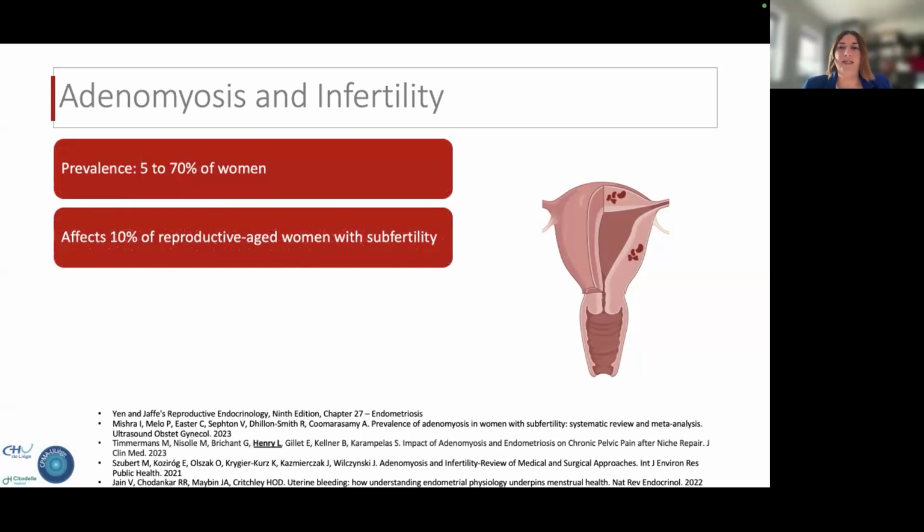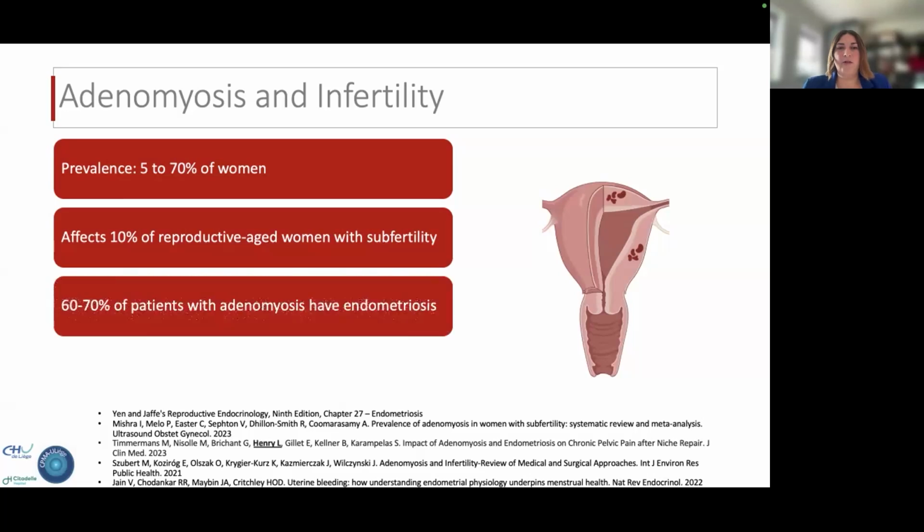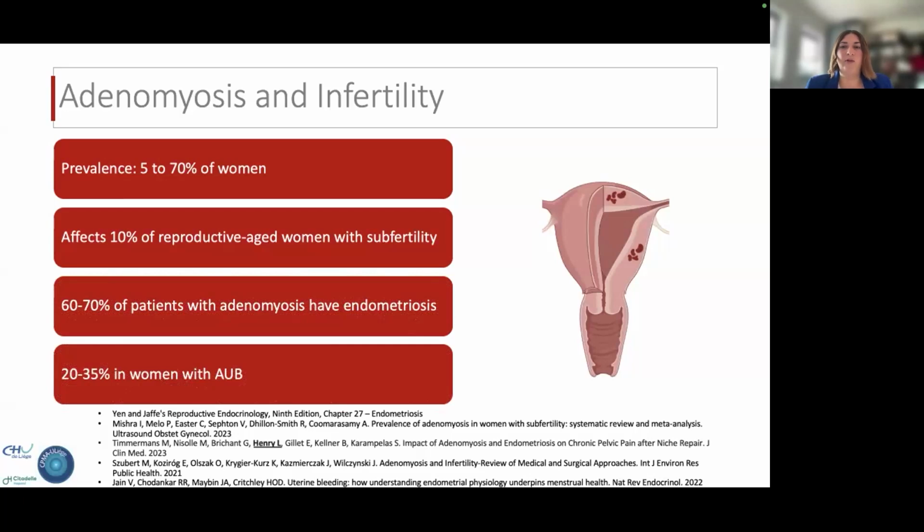Advances in imaging have increased diagnosis in younger women, with prevalence rates between 5 and 50%. It coexists with endometriosis in 70% of cases and is found in 20 to 35% of women with abnormal uterine bleeding.